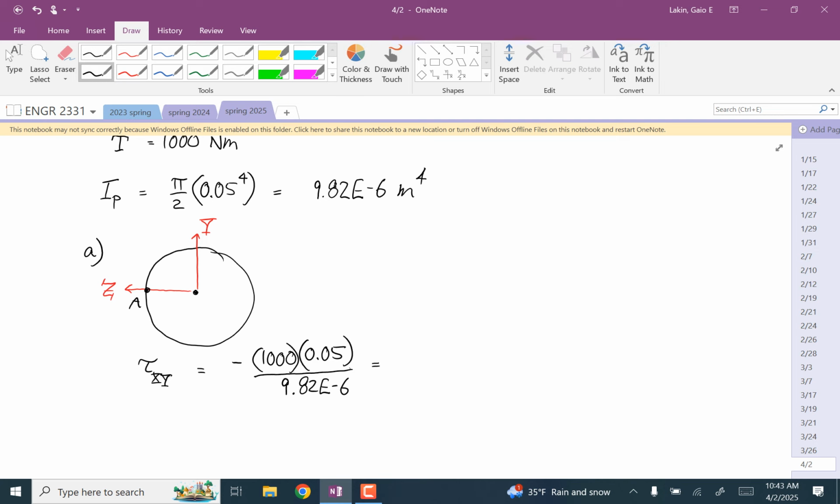So we got 1,000 times 0.05 divided by 9.82 times 10 to the minus 6. And we get a stress of 5.09 times 10 to the 6 pascals.